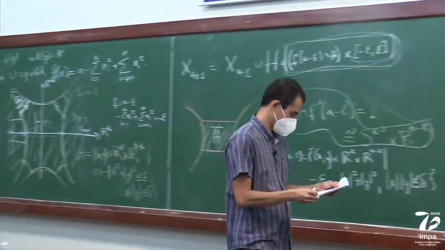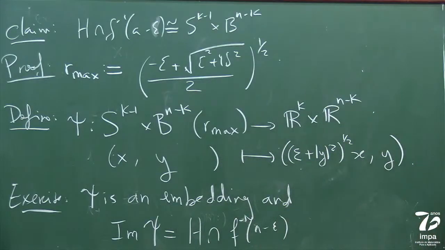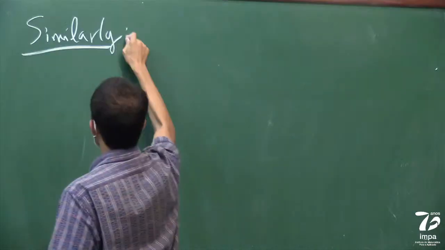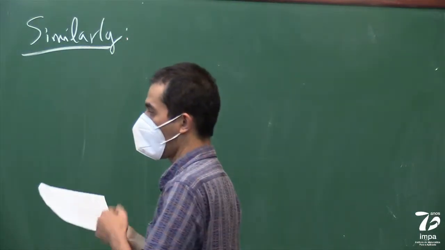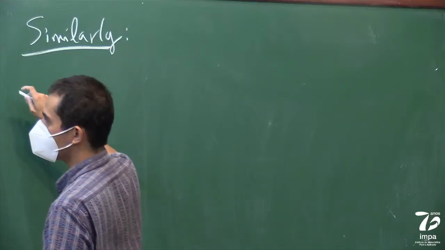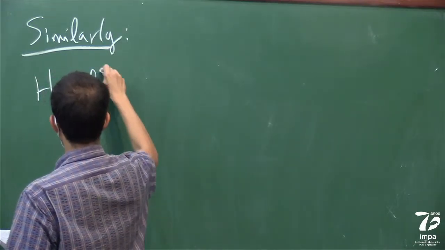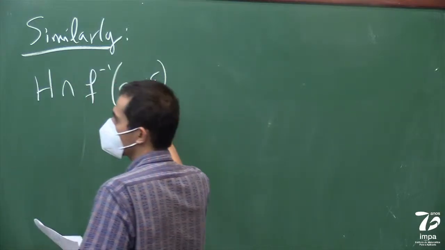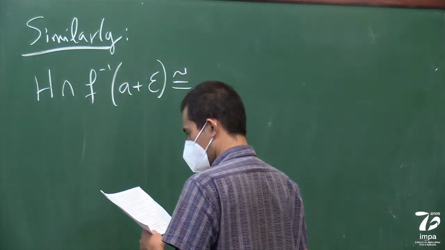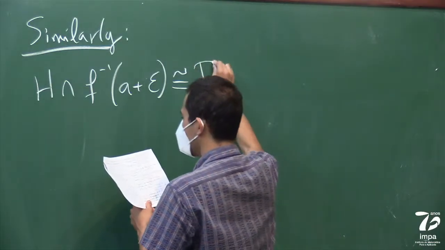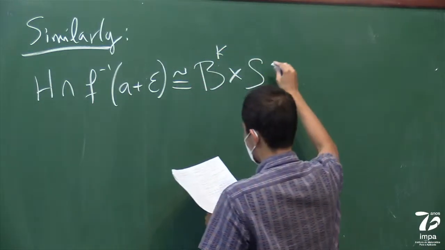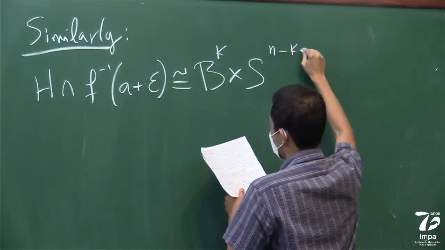So similarly, when you intersect H with F inverse of A plus epsilon, this is diffeomorphic to B^k times S^(n-k-1).